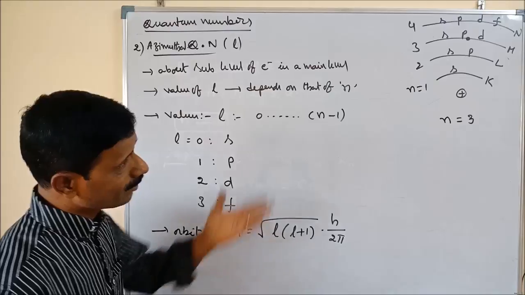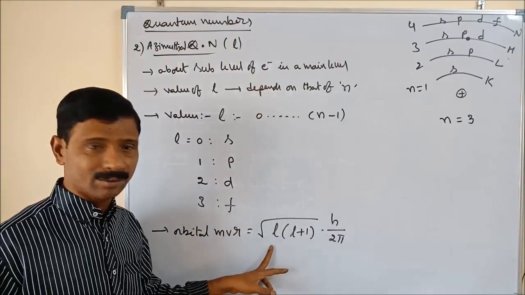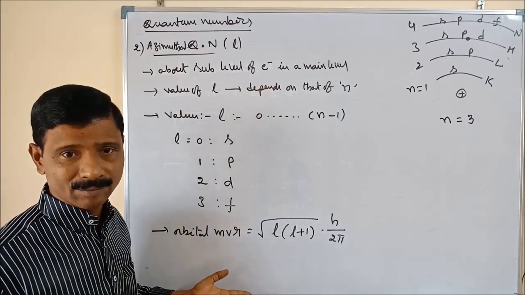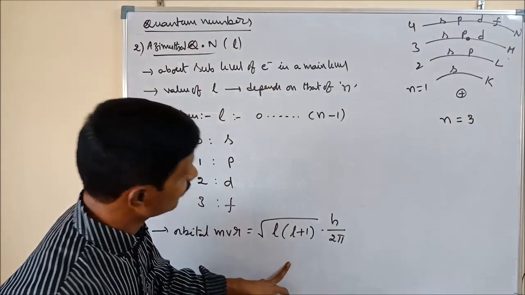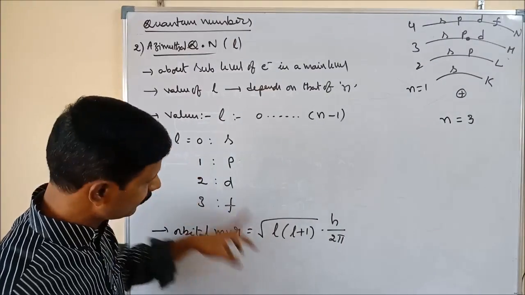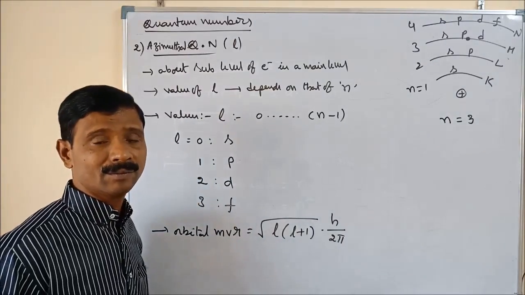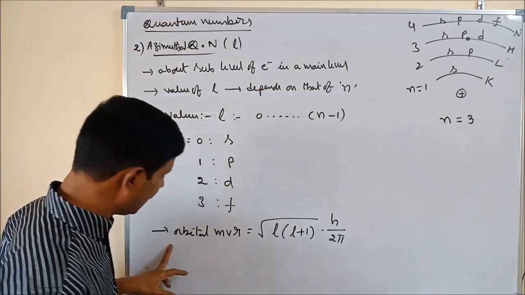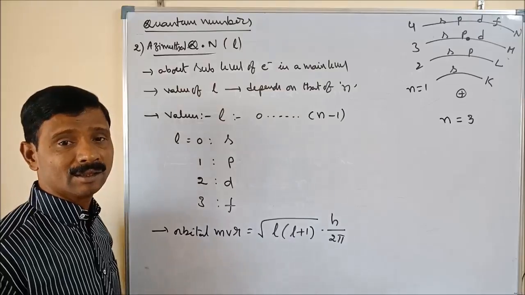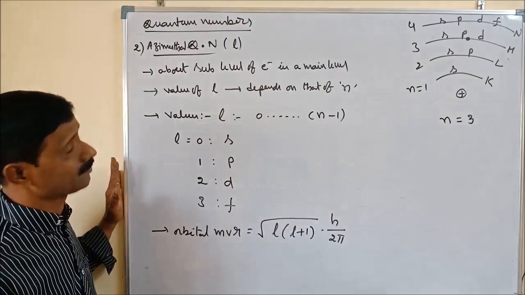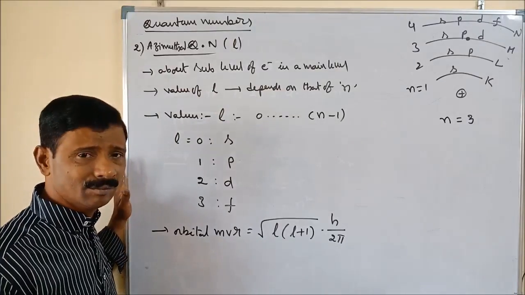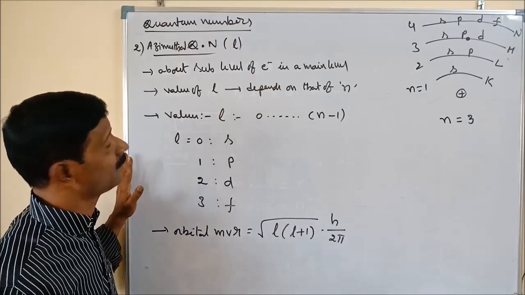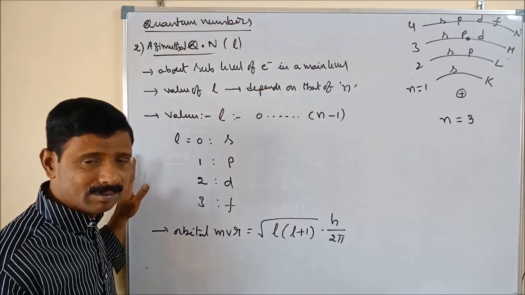So suppose for s electron, l value is 0, so orbital angular momentum is 0. And for p electron, since l equal to 1, we just substitute the value of l. Like that, for d electron and f electron, we can find out orbital angular momentum. So in this way, that is the second important quantum number, azimuthal quantum number.